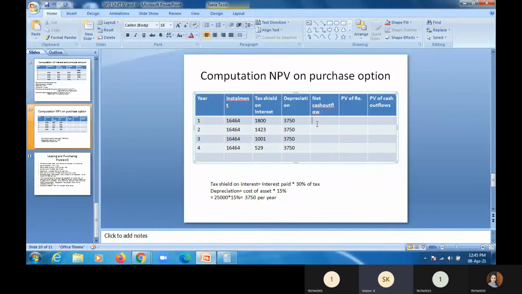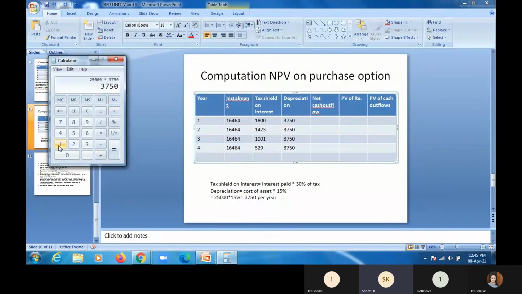That means 16,464 minus 1,800 and minus 3,750.